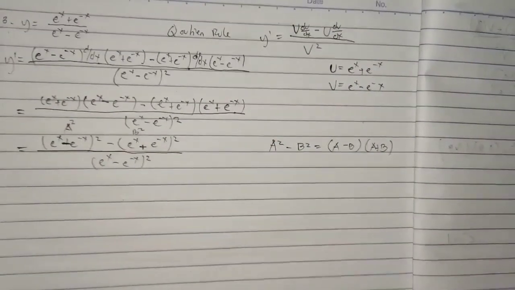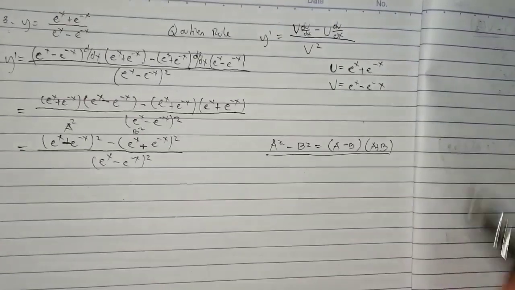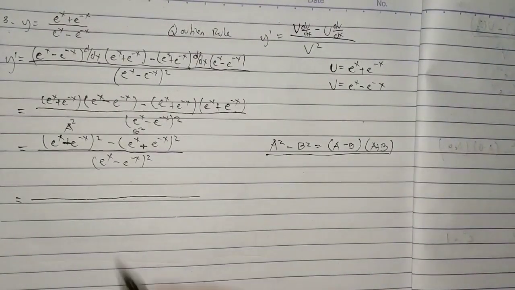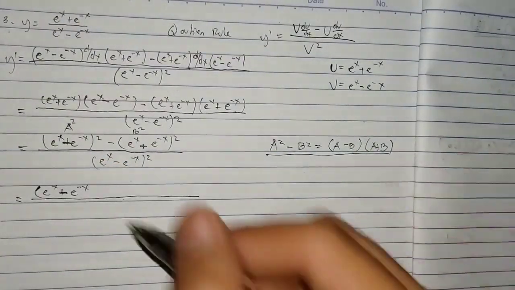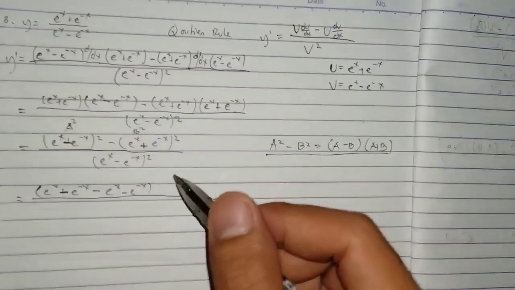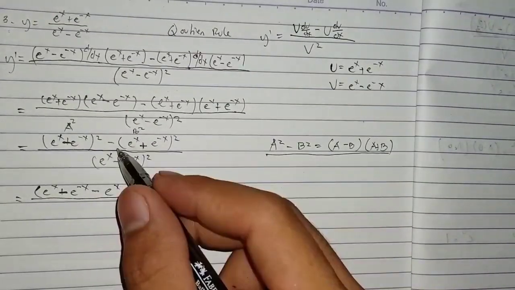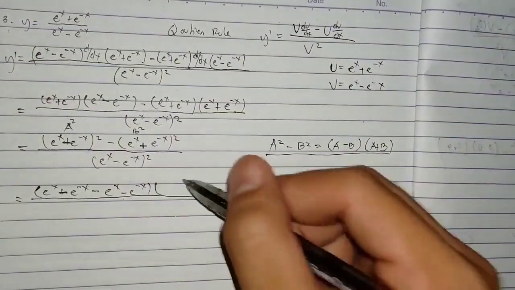So we can simplify our answer with this method. So let's try to simplify it further. A minus b, or e to the x minus, okay, so I put negative e here because we have negative e in front of our function, times a plus b.